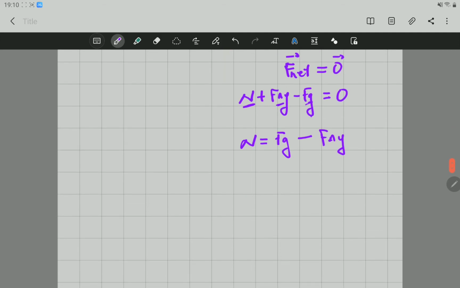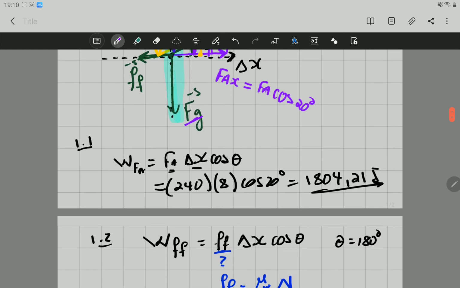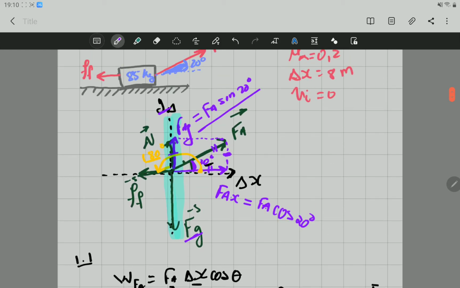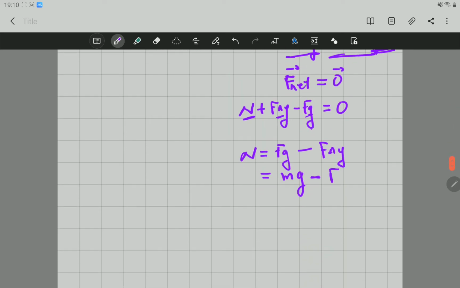The gravitational force is the product of the mass of the object times the acceleration due to gravity. The applied force in y is the applied force multiplied by the sine of theta.